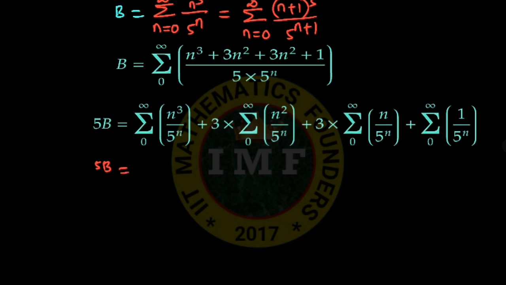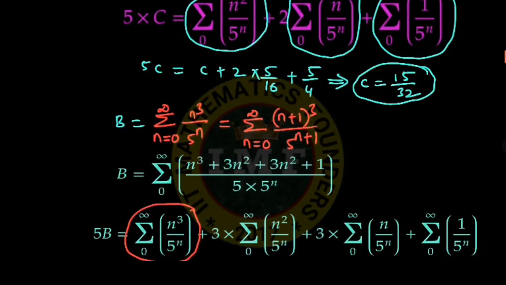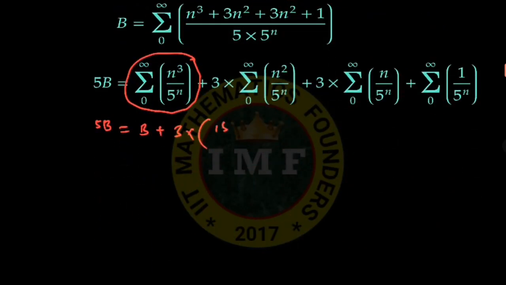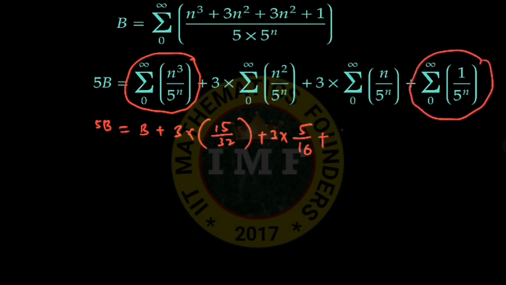5B equals, this is already B, plus 3 into C. Here the C value we got is 15 by 32, and 3 into D, the D value you already got is 5 by 16, and E is 5 by 4.